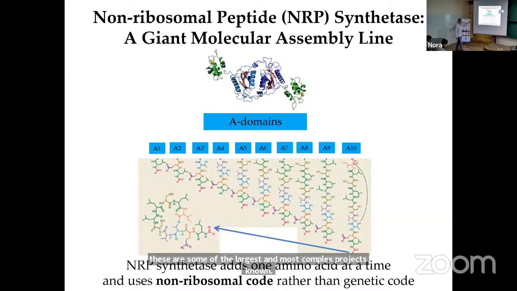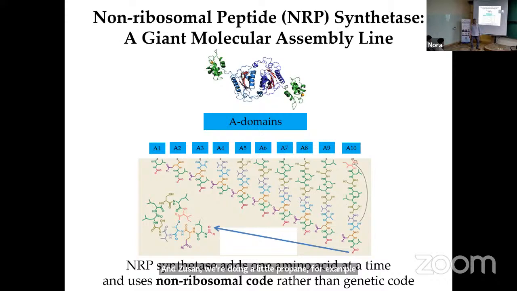For example, this protein consists of 10 so-called A domains. And each of these A domains is responsible for adding a single amino acid to a growing peptide chain, a new mini protein. It consists of 10 amino acids.